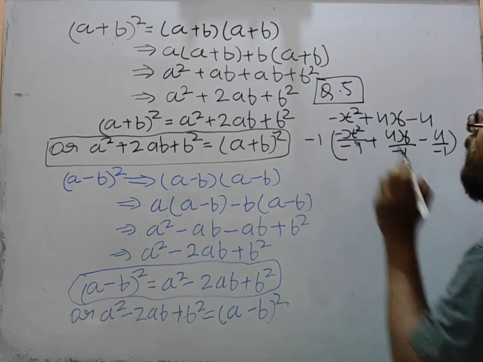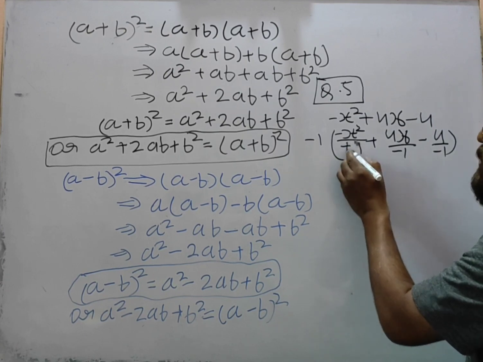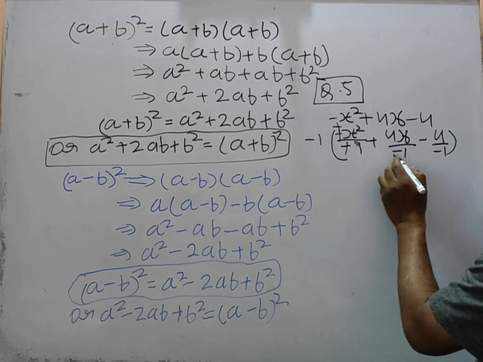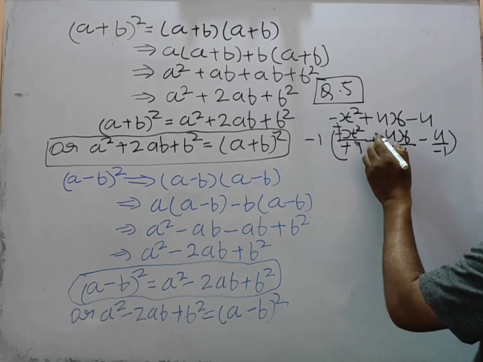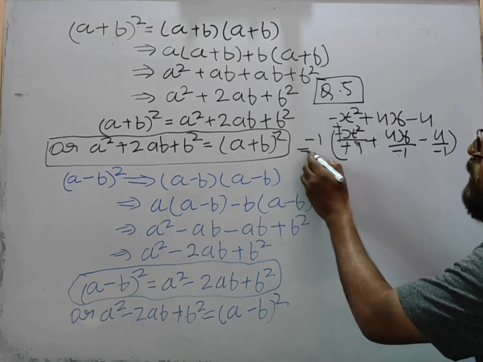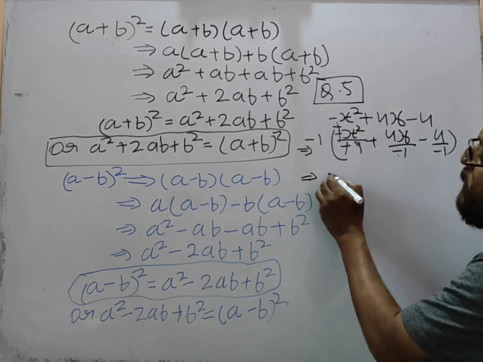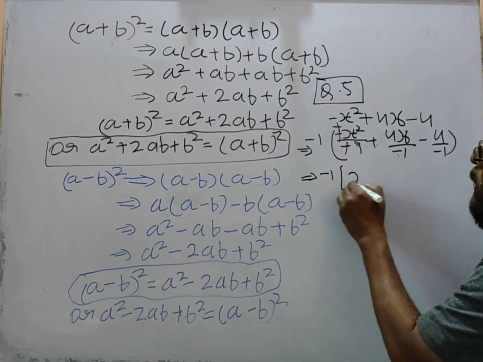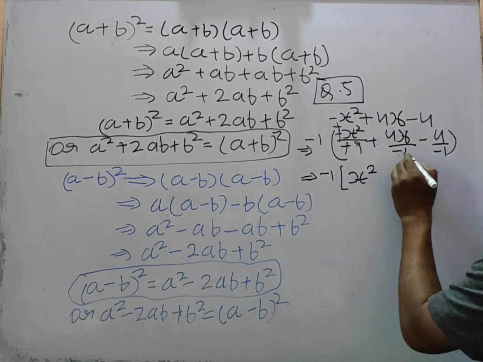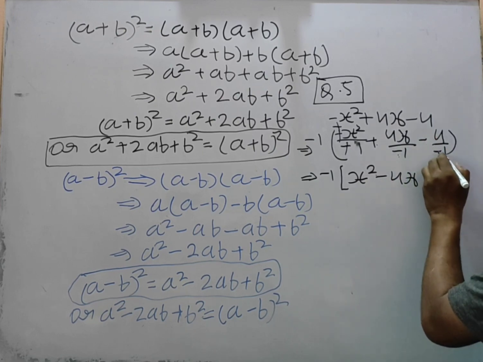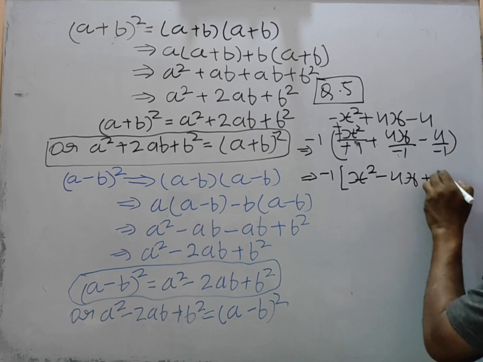Since we have taken minus 1 as a common, this minus minus turns to be plus, this plus minus turns to be minus, and this minus minus turns to be plus, right? So now you get minus 1 bracket x square minus 4x plus 4.